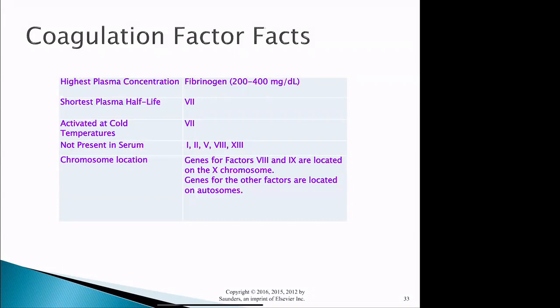So then that means that when I'm testing for the time it takes to clot, factor 7 has already been depleted, okay? So that means that my times to clot are going to get shorter. This will make more sense a little bit later, but activating temperatures are an enemy for factor 7, okay? So factor 7, two things. It gets activated at cold temperatures and it has the shortest half-life in the plasma. Okay.